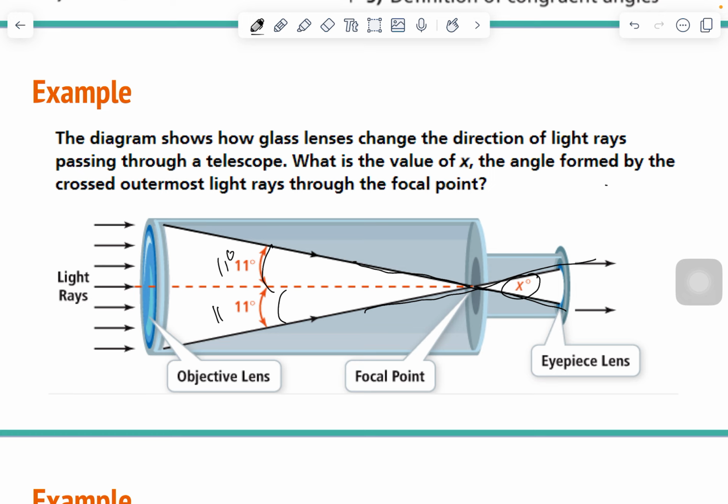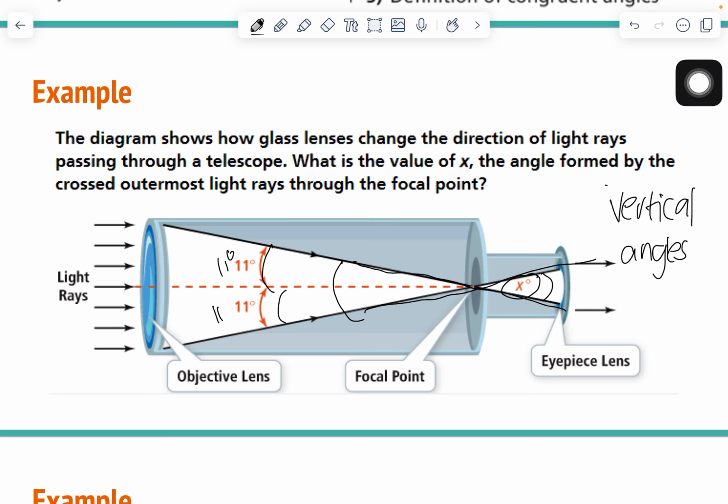What's the relationship between this angle and this angle? Those are vertical angles because they are opposite to each other. So 11 plus 11 will give us 22 degrees. Since these are vertical angles, they are congruent. So x is equal to 22 degrees.